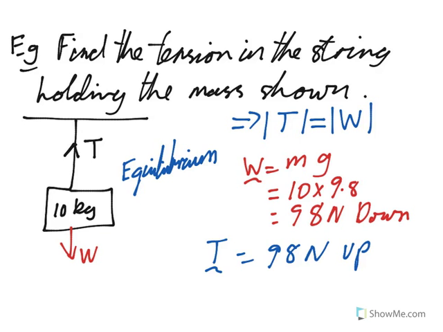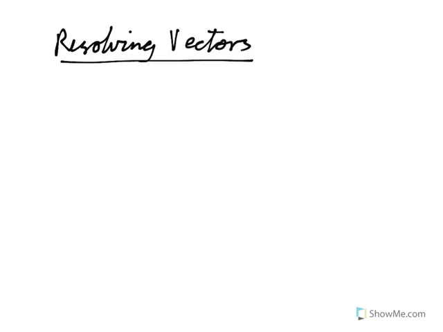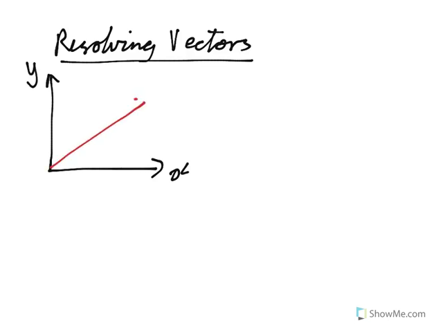Alright, the last part is what we call resolving vectors. So basically what that means is splitting them up into bits. So if I have, say, an X and Y plane like that, and I've got a force F at angle theta, then I can split that force F up into a whole bunch of different ways.